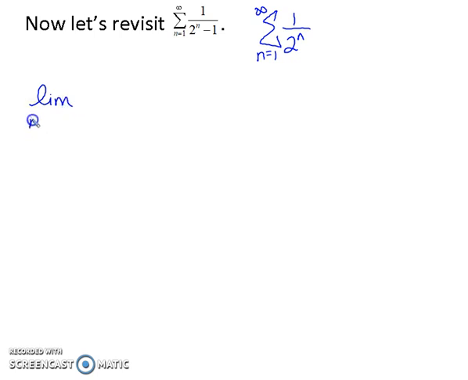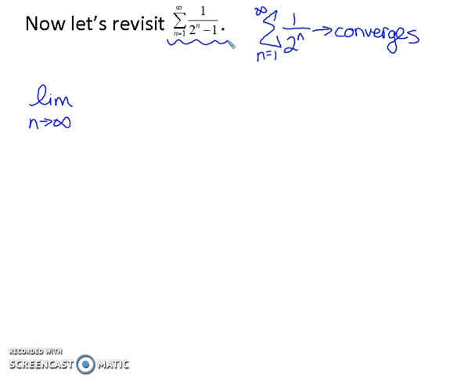But since I do know from the ratio test that this guy converges, then if I take the limit of the ratio of these two and I get a positive finite answer, then that means that my original series also has to converge. Now, if I knew that 1 over 2 to the n diverged, and I still got a positive finite answer for this limit, then that would mean that the one I've underlined with the squigglies would also diverge.